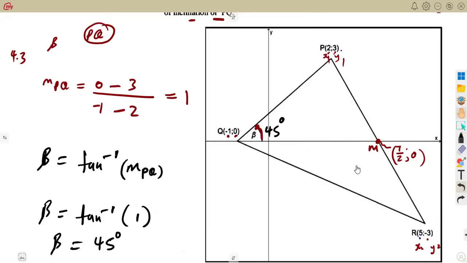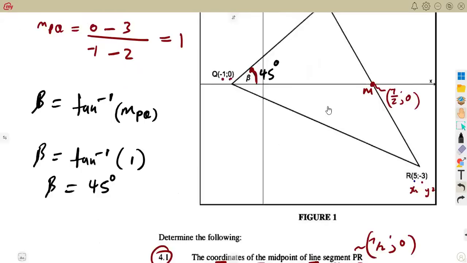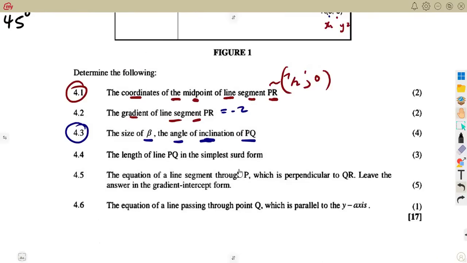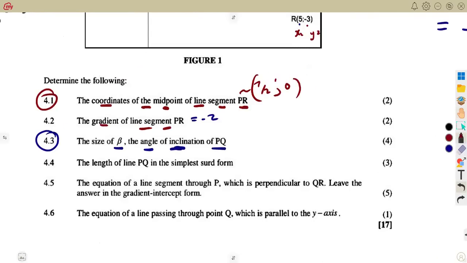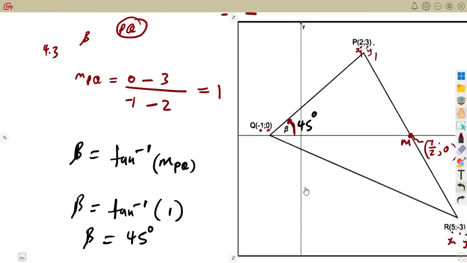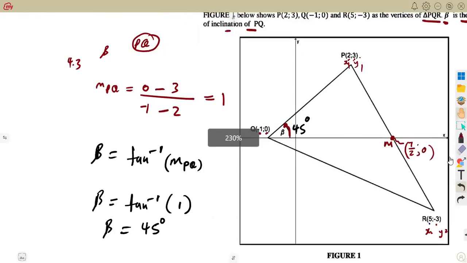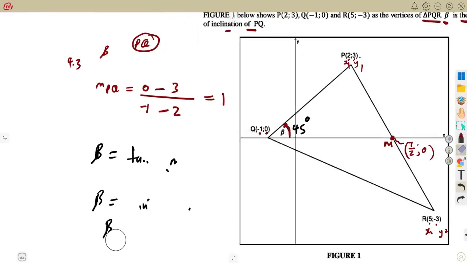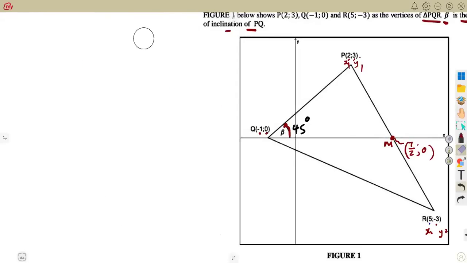So just like that, we have got this gradient, this and that. Then the length of the line segment PQ in simplest surd form. Same PQ that we have here, but now we need the distance, the length between them.